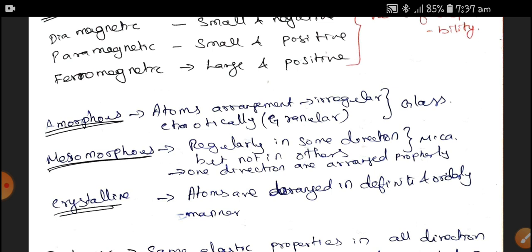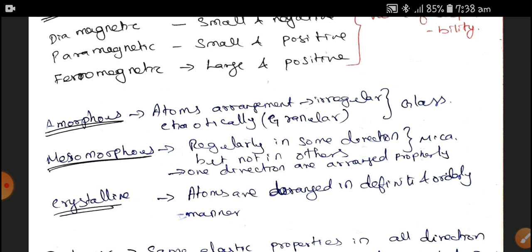The best example of an amorphous material is glass. A mesomorphous material is irregular in some directions but not in the other direction. One direction has an arranged property, and that is called mesomorphous.